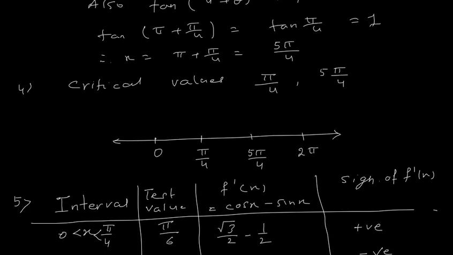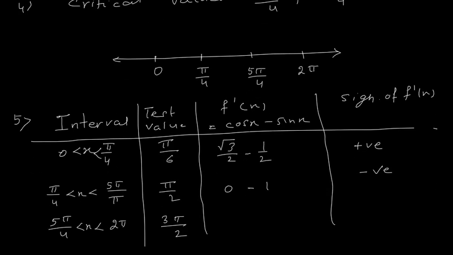Now the value of cos 3 pi upon 2 is 0, and the value of sin 3 pi upon 2 is minus 1. So minus minus becomes positive.